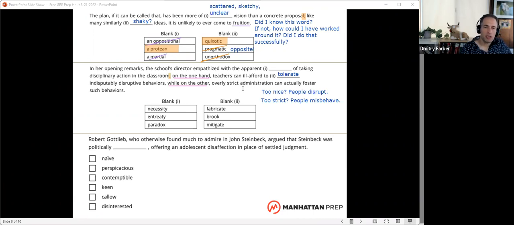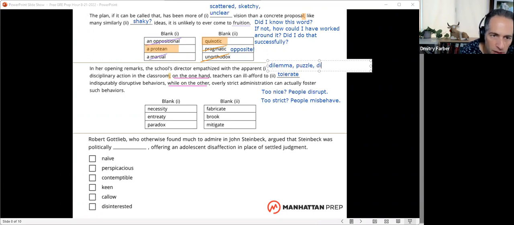What's a situation where you've got two things pulling you in opposite directions? That's a paradox. And that's one we might actually predict in advance. But if you don't want paradox because it's kind of strong, you might say dilemma, puzzle, difficulty, right?